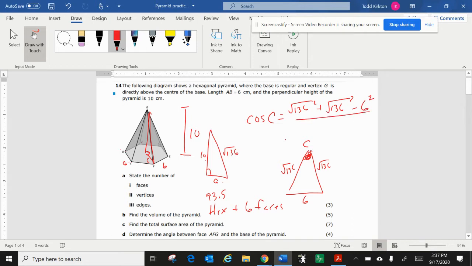So A squared plus B squared minus C squared over 2 times A times B. So I'm going to simplify that and do second cosine so I can get the angle C. So you do that in your calculator. Go ahead and do that in your calculator. Pause it. Do your calculator. You get about 29.8 degrees.